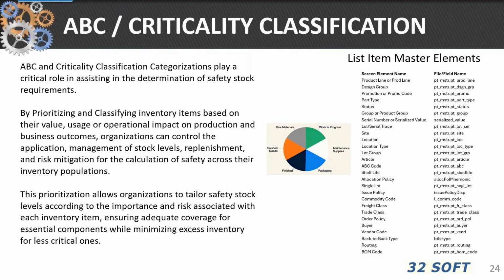This prioritization allows organizations to tailor safety stock levels according to the importance and risk associated with each inventory item. Here we see a few of the various item master data records that have been or can be used to assist in safety stock calculations.